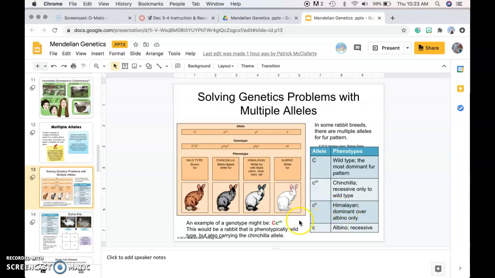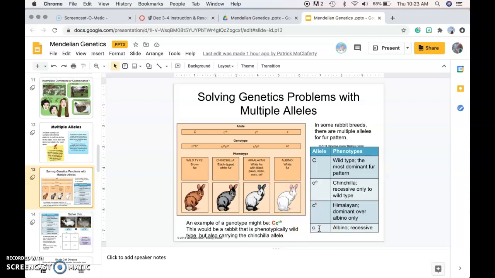Himalayan is only dominant to albino. So if C-Himalayan is paired with the chinchilla or the wild type, then it's going to show up chinchilla or wild type in the phenotype. But if the C-Himalayan is paired with the little c, then it'll look like a Himalayan. And of course, albino being the only recessive gene, the only way you're going to get an albino rabbit is if you have two little c's.